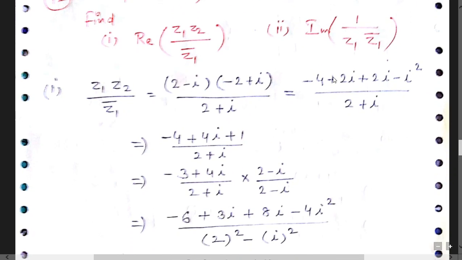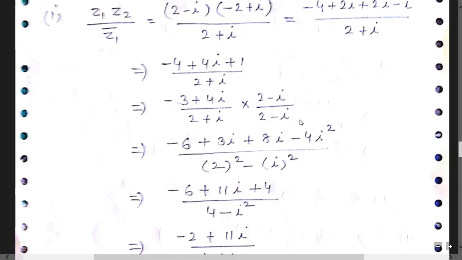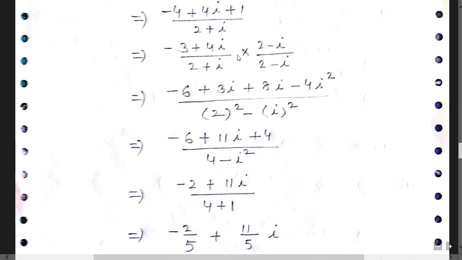Simply multiply the terms in the numerator. You will get minus 4 plus 4 iota plus 1. It means you can write minus 3 plus 4 iota divided by 2 plus iota. Multiply and divide by 2 minus iota. Because of rationalize, multiply the terms in the numerator and apply the formula a plus b into a minus b, a square minus b square.